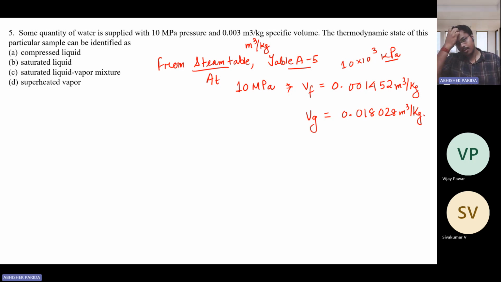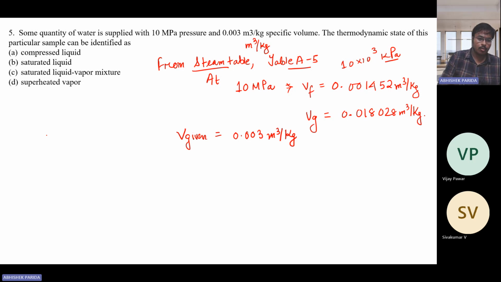Okay. Now what is it telling? The specific volume of this quantity that is given is how much? 0.003 meter cube per kg. So in such questions, try to draw a curve every time, whether it's P versus V or P versus T. It will look somewhat like this.